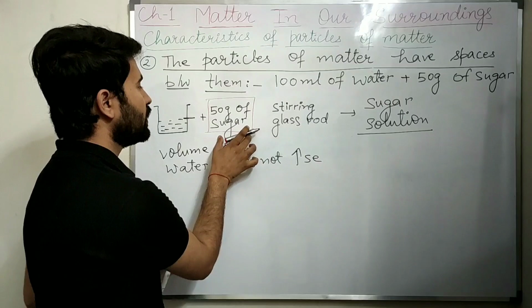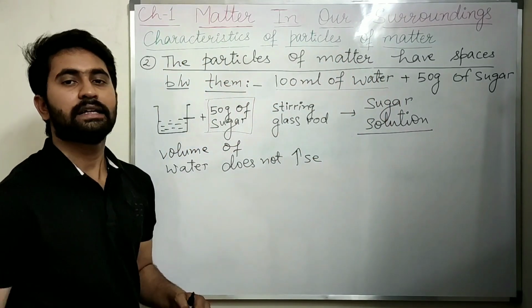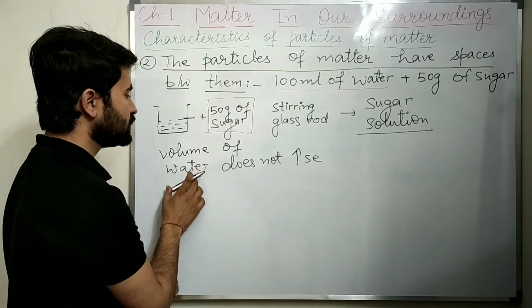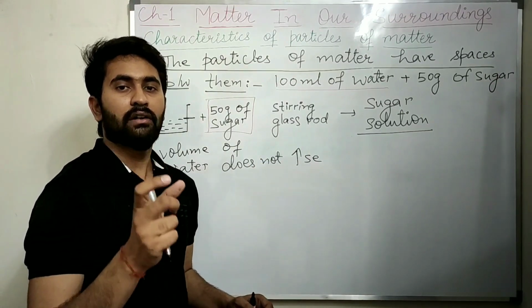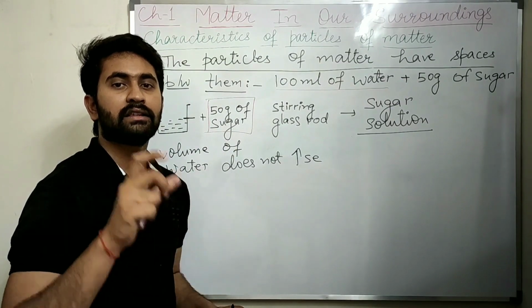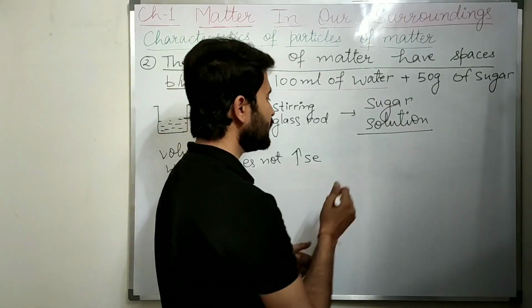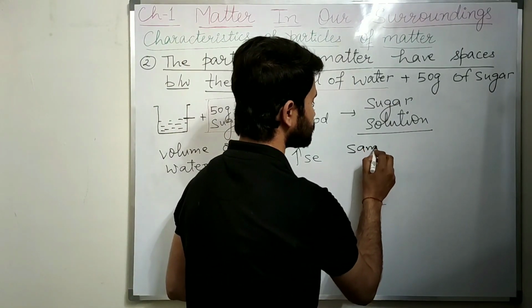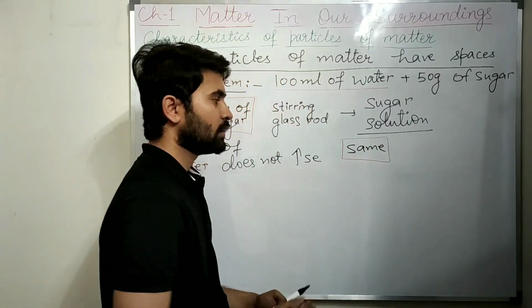Even if we dissolve 50 grams of sugar in 100 ml of water, there is still no change in the volume of water. It means the initial level of water and the level of sugar solution will be the same.